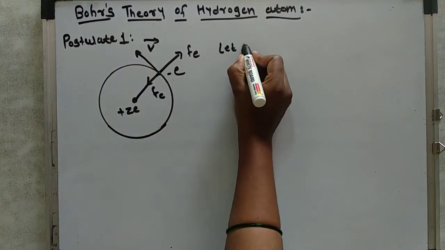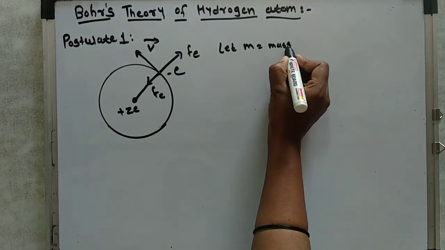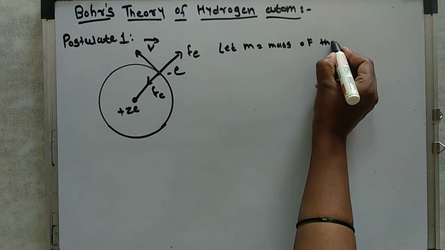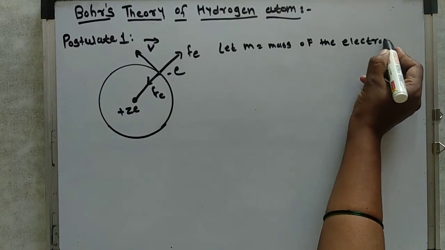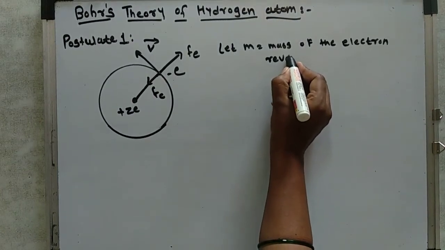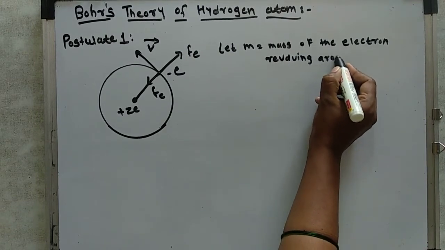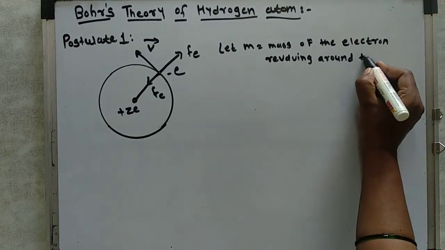Let m is equal to the mass of the electron revolving around the nucleus.